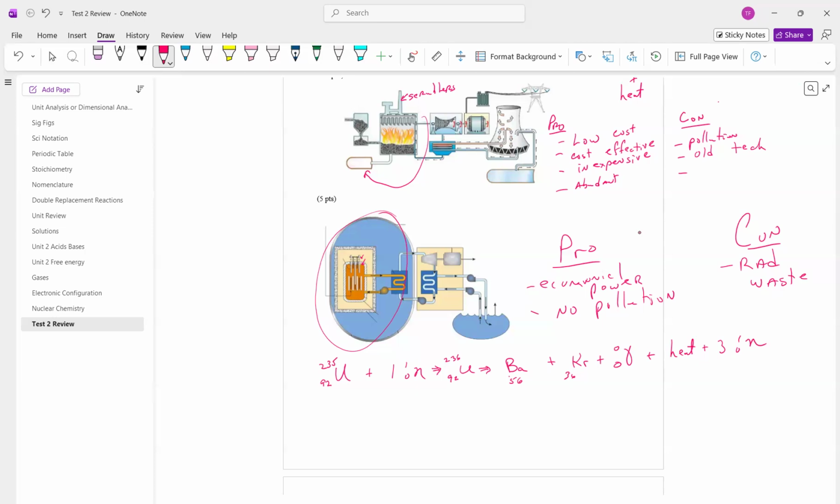Okay, pros, a con is expensive to build. To build and take down. Compared to the coal-fired.